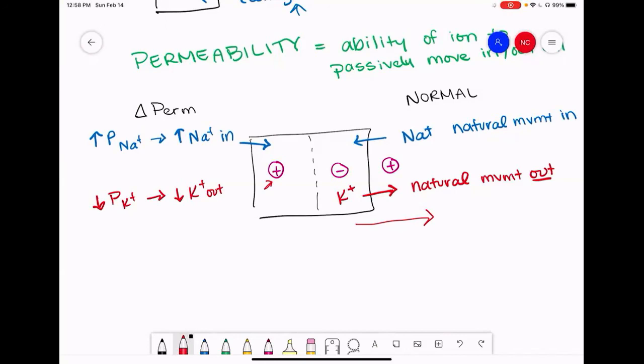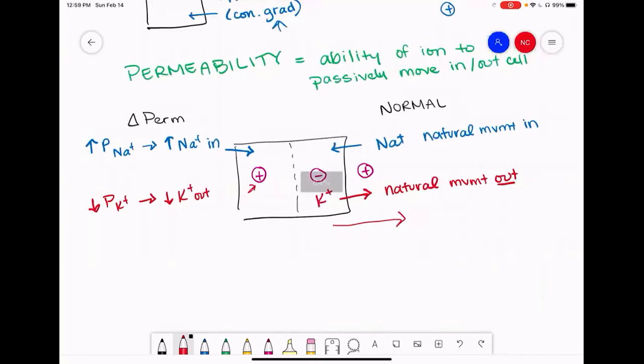Okay. And then the last thing I wanted to note with this is that it all goes together, right? The way that we modify our membrane potential is, one, through the permeability, so how much we allow passive movement.